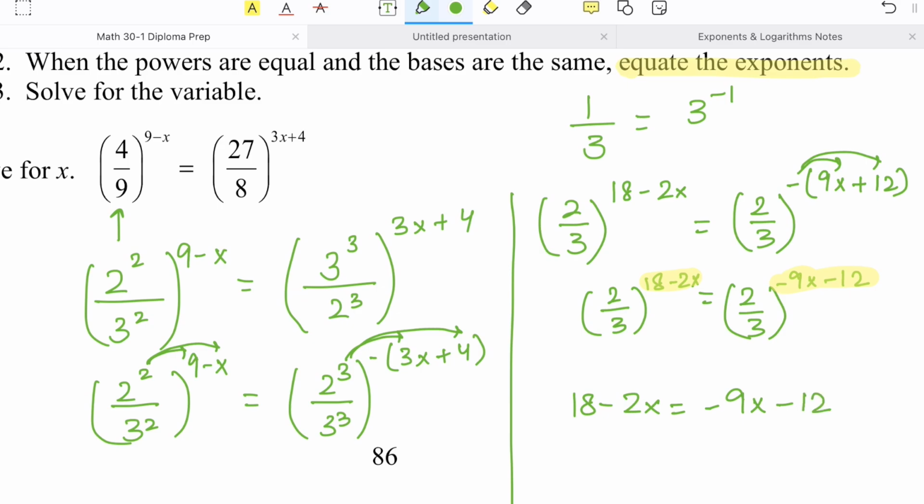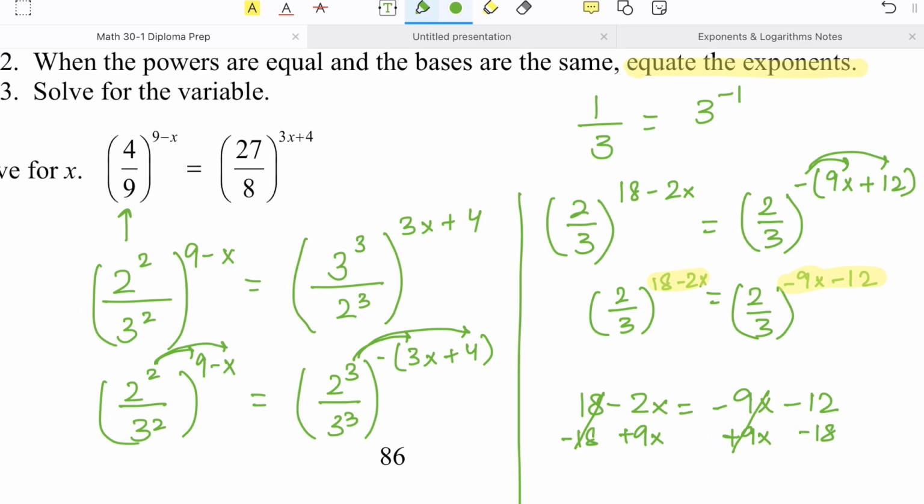Isolate the variable. Let's move the 9x to the other side. So add 9x on both sides, subtract 18 on both sides. 18 minus 18 is 0. Negative 9x plus 9x is 0. Negative 2x plus 9x is 7x, which is equal to negative 12 minus 18, which is negative 30.